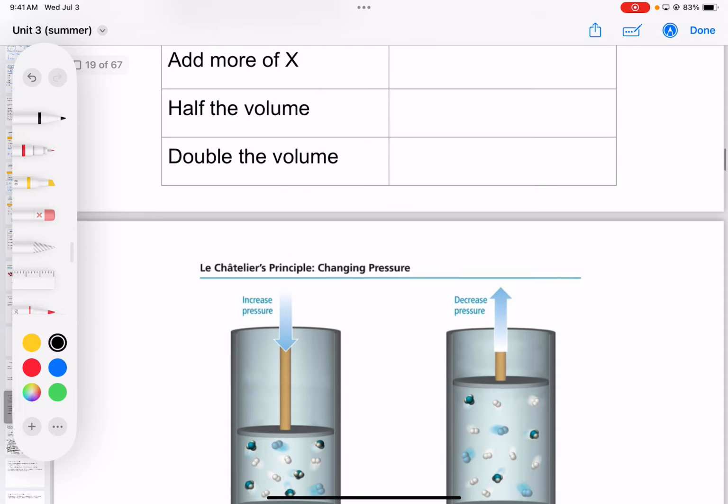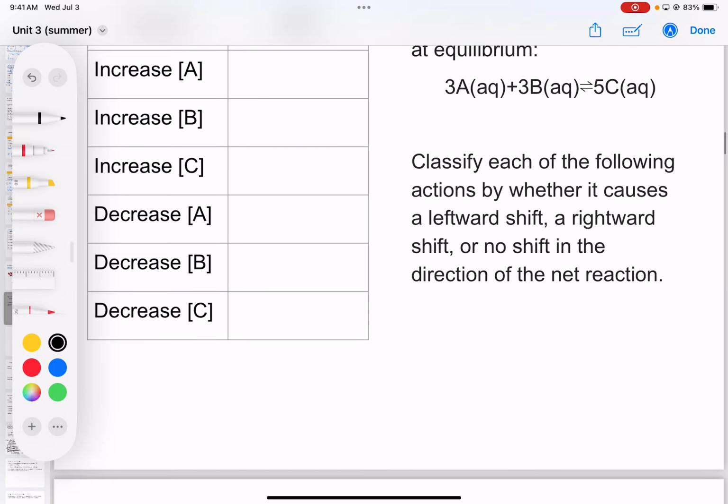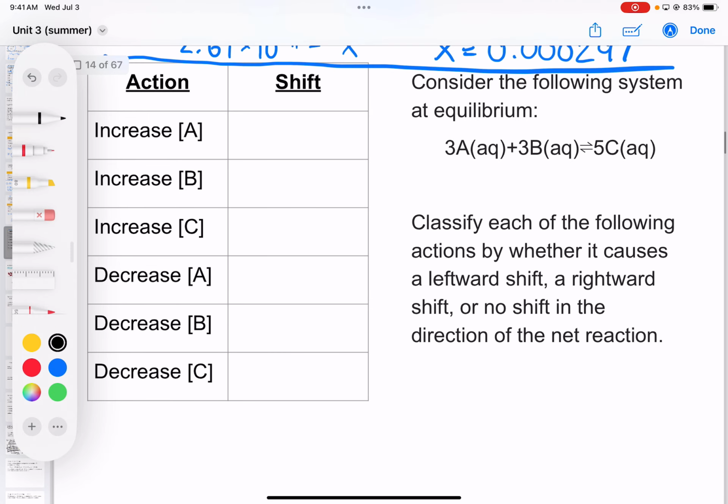Okay, so let's talk about the last topic in this section. So yeah, we stopped here the other week. The last topic is Le Chatelier's principle, which is this idea that if you have a system at equilibrium and then you change something, we often say you apply a stress, the reaction will shift either to products or reactants to relieve that stress.